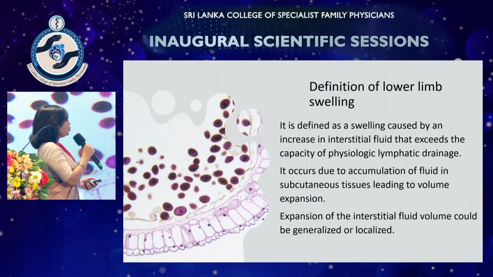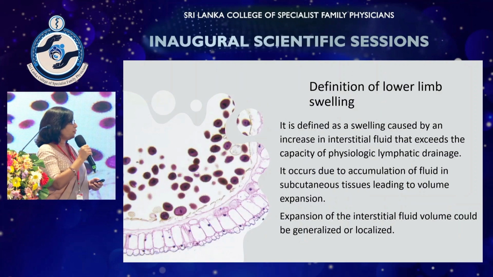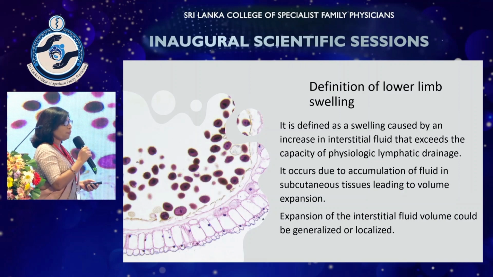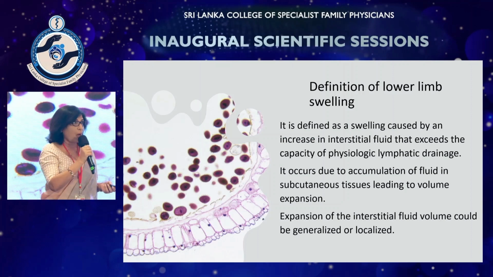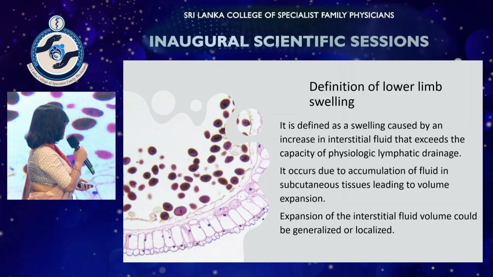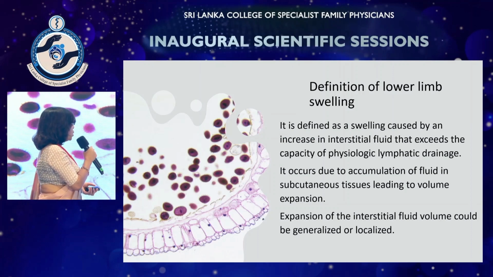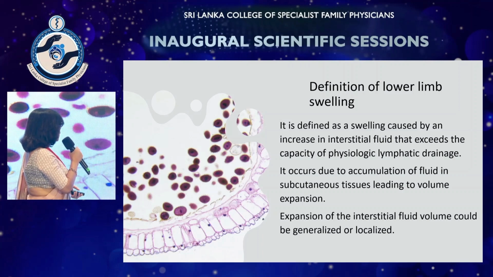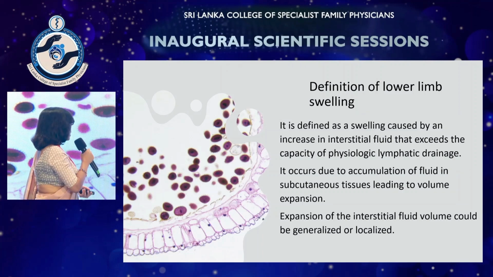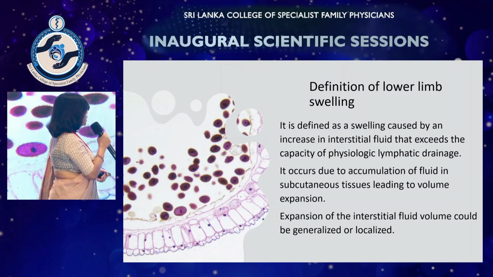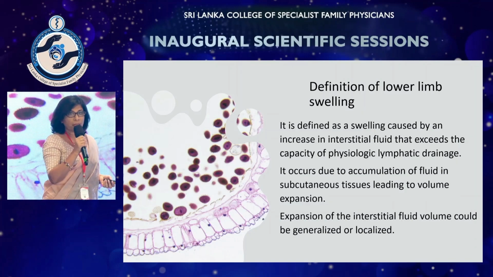Right. So I just want to give the definition of lower limb swelling. Mainly, what we call lower limb swelling here is edema. It is defined as a swelling caused by an increase in interstitial fluid that exceeds the capacity of physiologic lymphatic drainage.